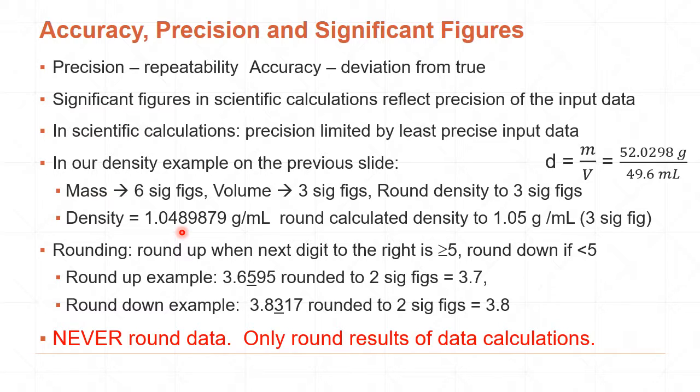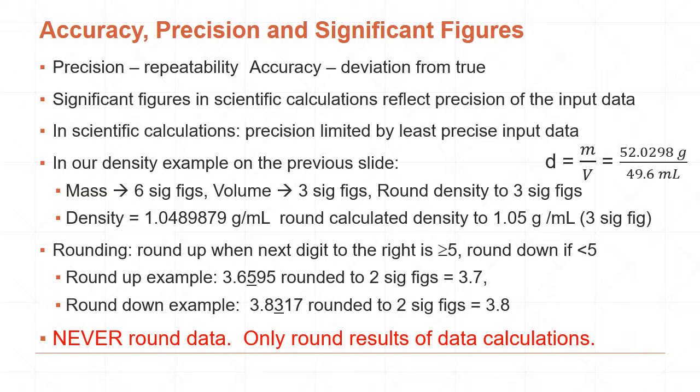If that next digit over is 5 or greater, I'm going to round this digit up. If this digit is less than 5, I'm going to round this digit down. So in this example, 1.04 and then an 8, I would need to round the 4 up to 5, which is why my final answer is 1.05 grams per milliliter.